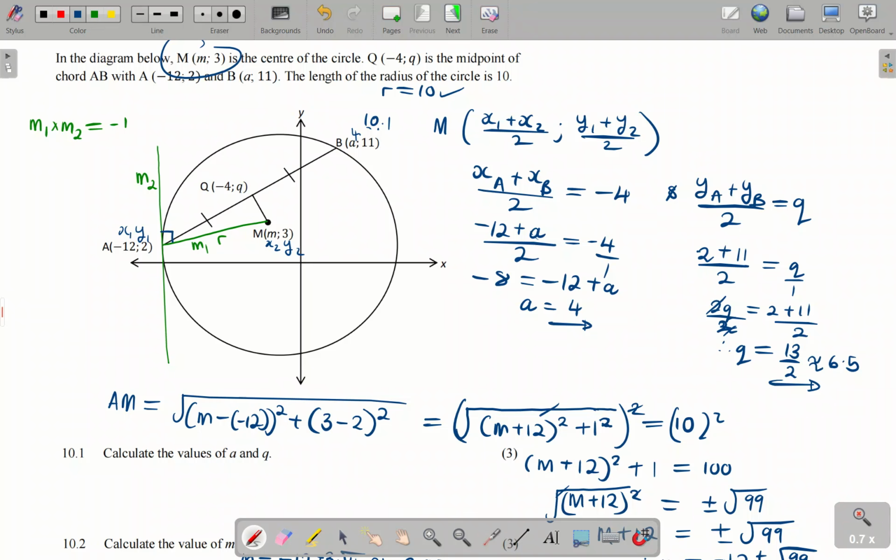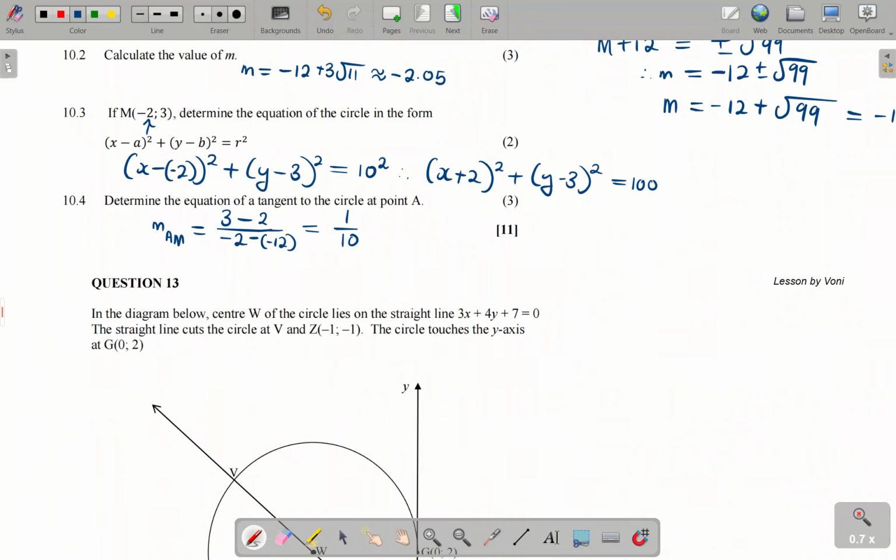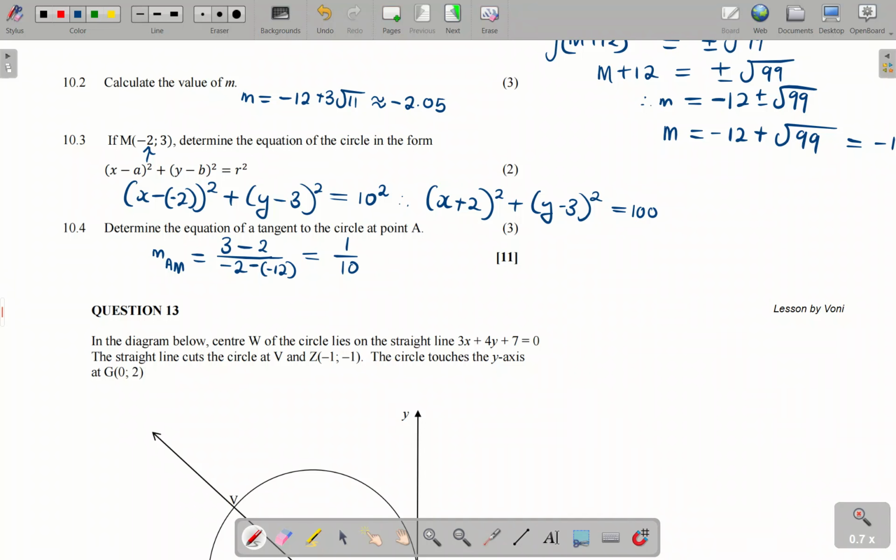So we can use that. Well, let me say something. If I say 3 minus 2 over, then I stick to the one that I was given, which is -12.